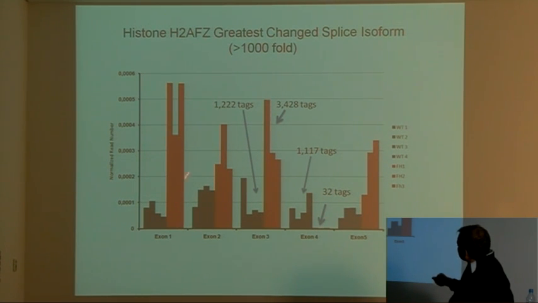These are arbitrary numbers, but these actually represent thousands of individual counts for each of these tags. But here in exon 4, there were only 32 reads for the mutant. So it's essentially missing transcripts that contain exon 4, whereas they're fairly evenly distributed for the wild type, which has the known 1, 2, 3, 4 exon structure.